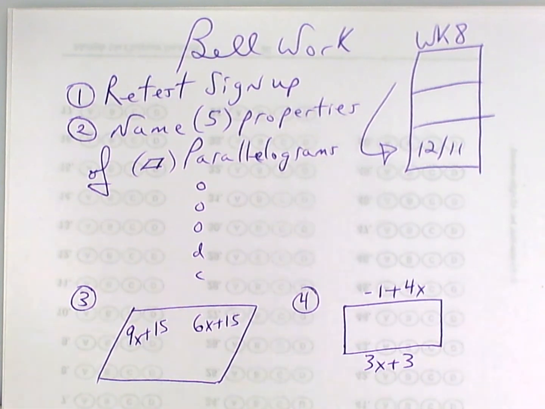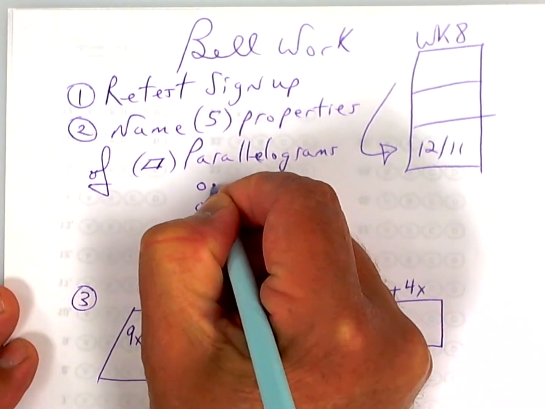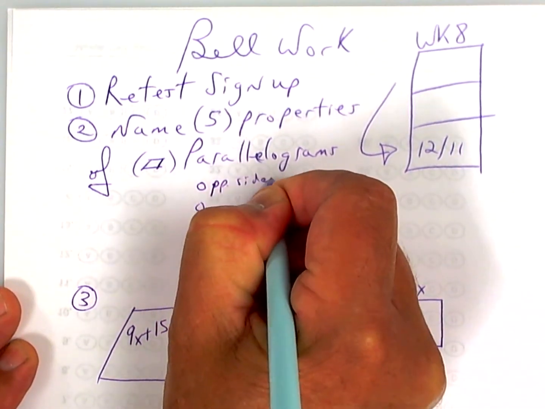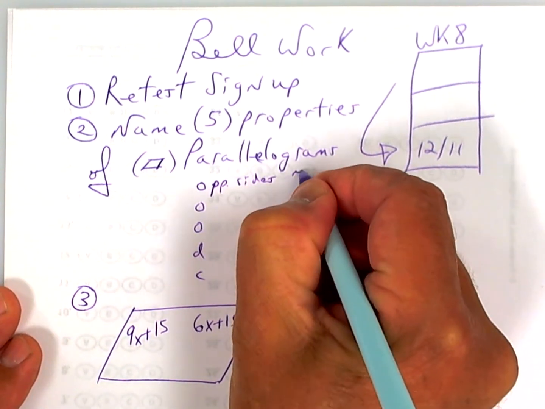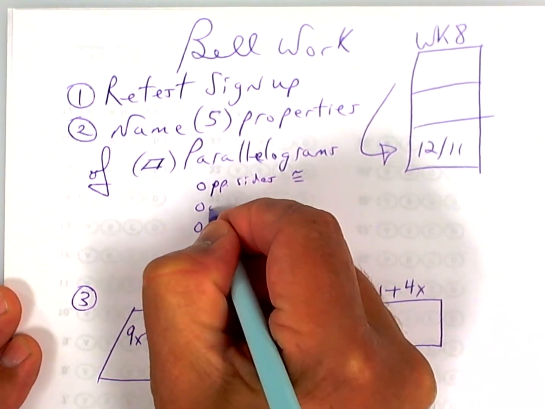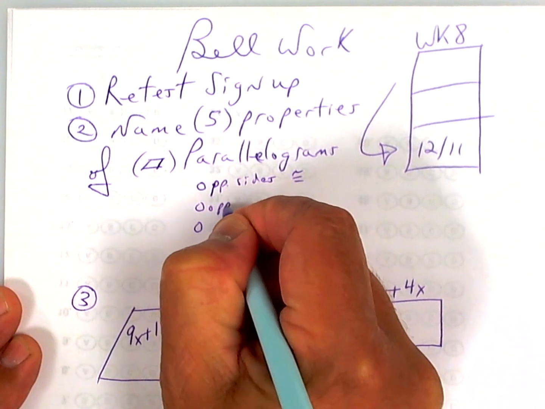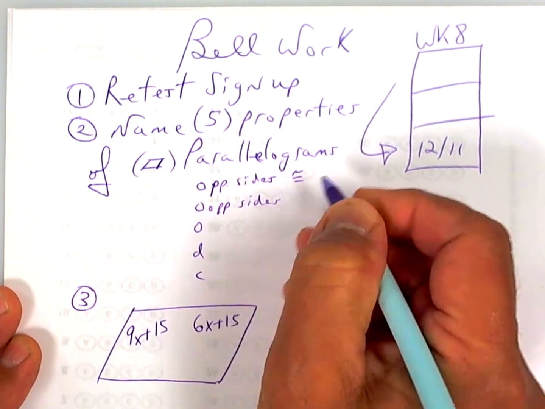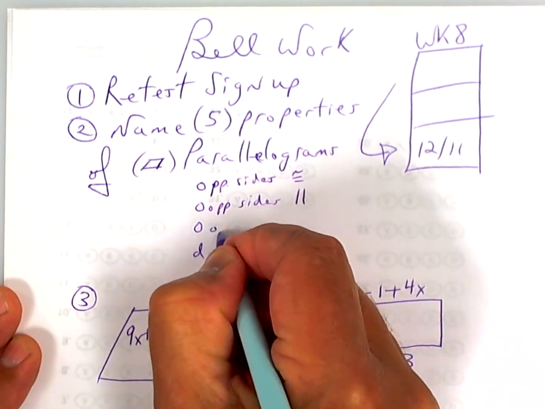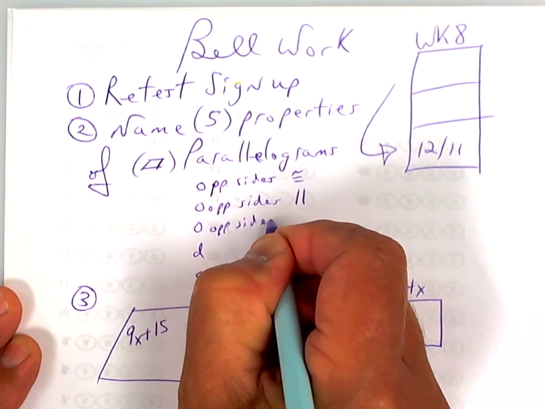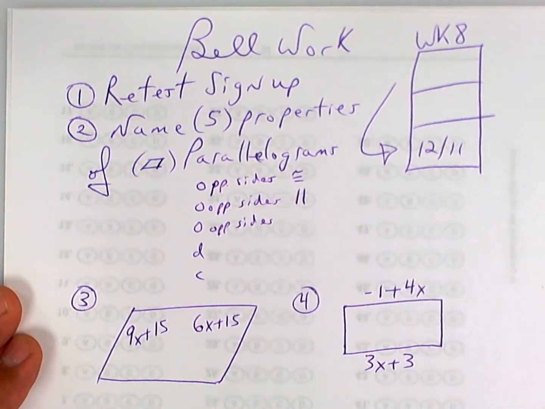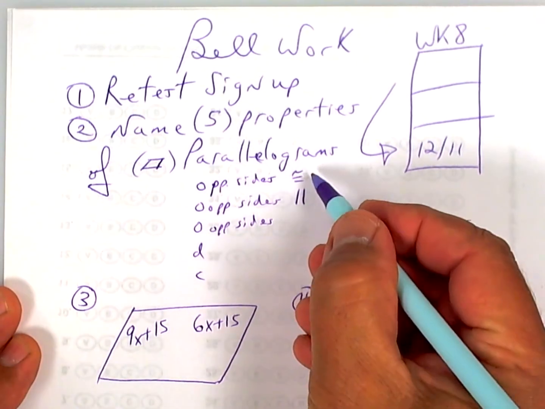There are 5 properties for parallelograms: opposite sides are congruent, opposite sides are parallel, opposite sides are equal. Well, we already have the equal.